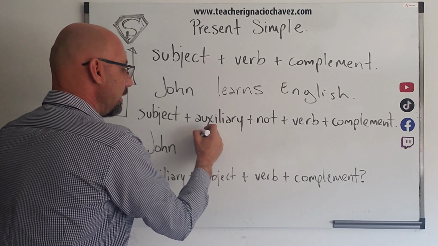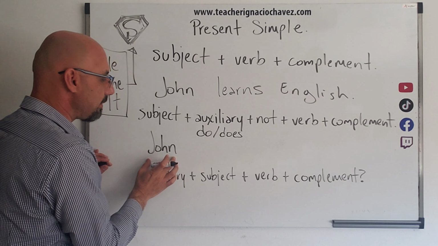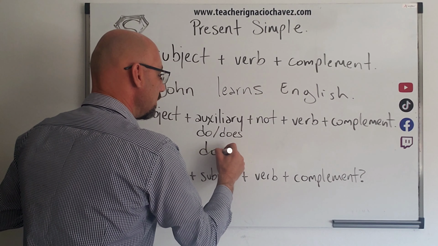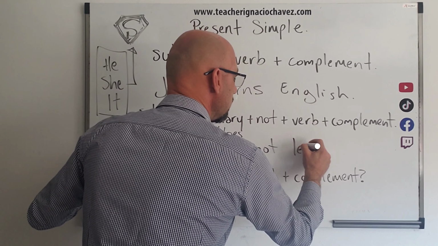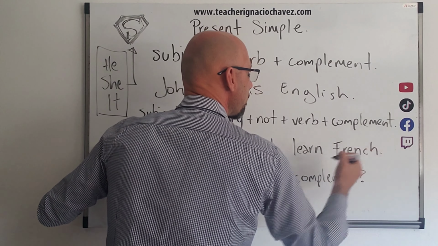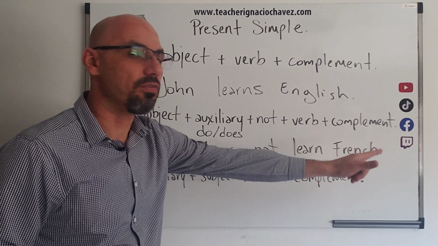The auxiliary is do or does. Does in this case because it's John. So, I would say John does not learn French. And that is my negative sentence. John does not learn French.